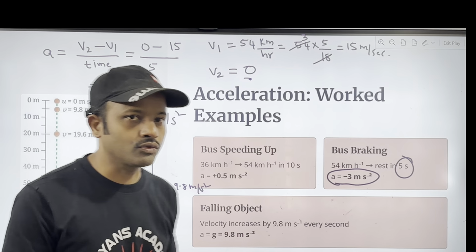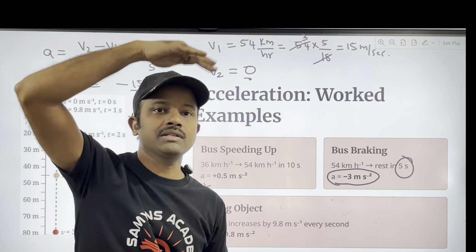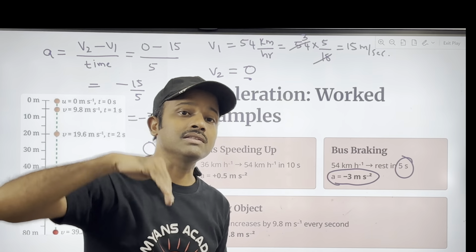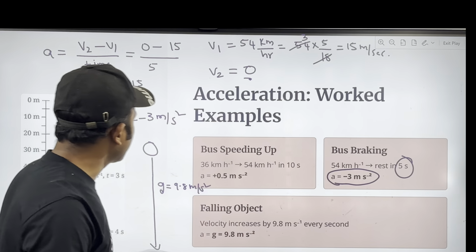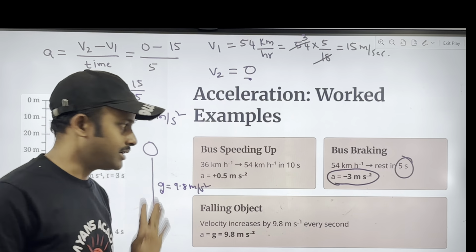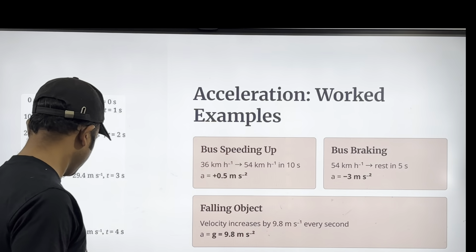When an object is thrown up in the vertical direction, its velocity decreases, and when it reaches the highest point, the velocity becomes 0. That means that is deceleration. While coming down it is accelerating, while going up it is decelerating.